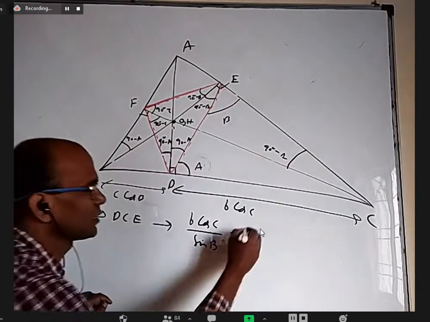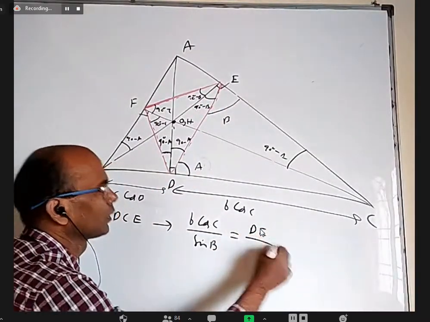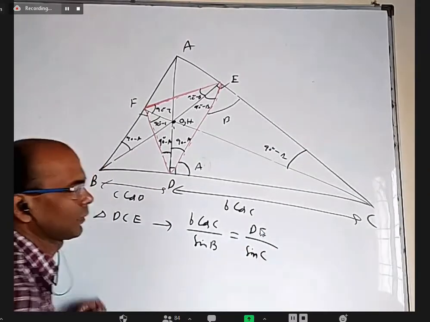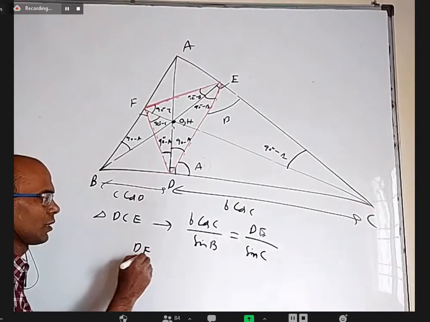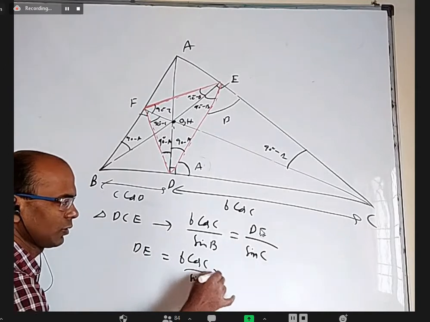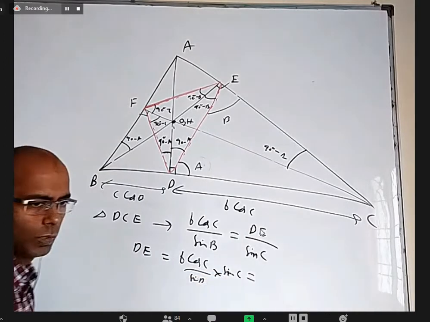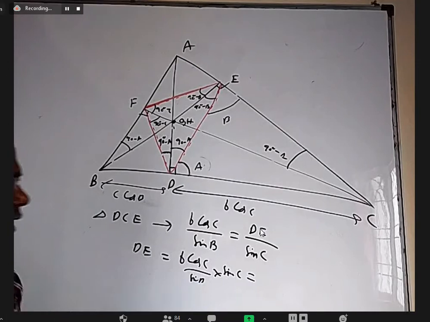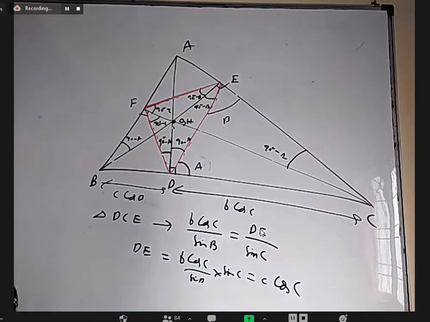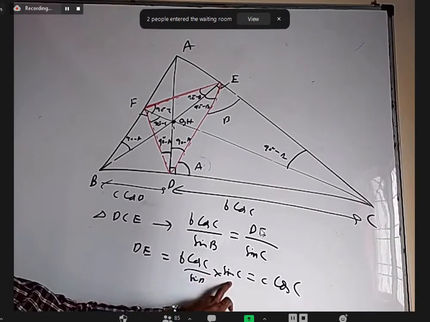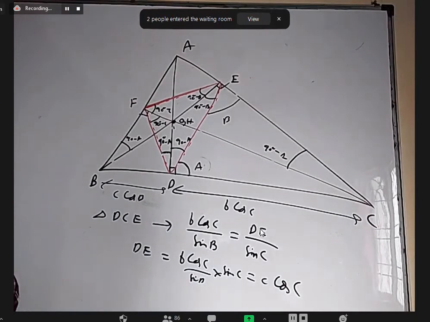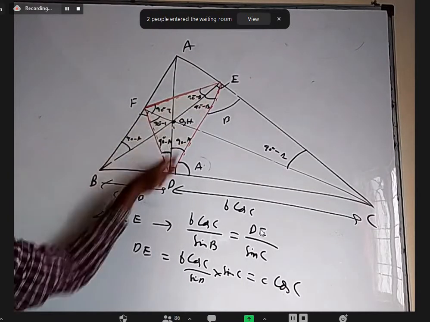This side is DE. The opposite angle is the full angle, sine C. Okay, so what is DE now? b cos C by sine B into sine C. But b sine C, I can write c sine B and cancel it, because c cos C basically. b sine C by sine B, according to the sine rule, can be written as small c, and cos C continues. Okay, so this length is coming c cos C.